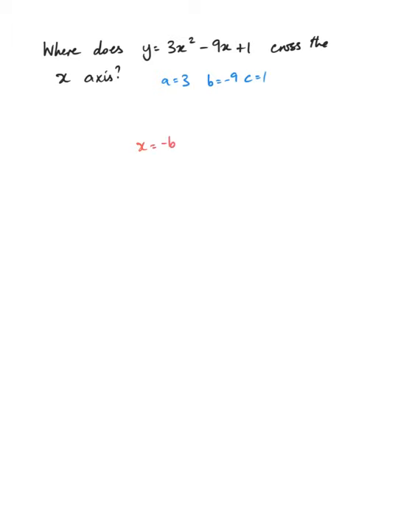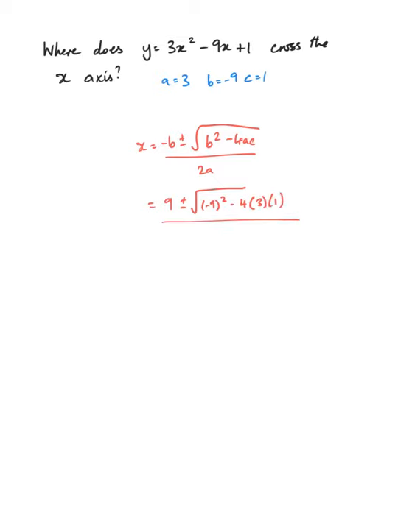X is minus b plus or minus the square root of b squared minus 4ac all over 2a. Substitute our values in, so I get minus 9, which is plus 9. That's 9 plus or minus the square root of minus 9 squared minus 4 times 3 times 1 all over 2 times 3.